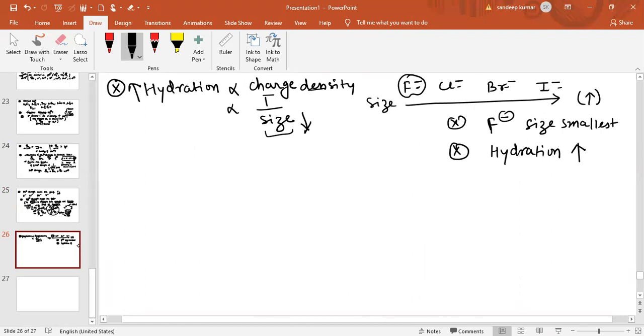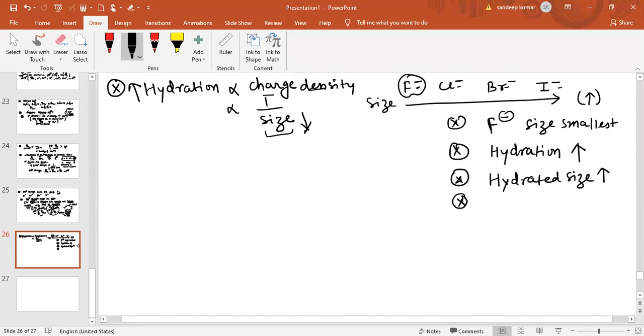Because F minus is smallest, but on hydration size increases. So hydration increases, it means hydrated size will increase. And when hydrated size increases, it is difficult to move for the nucleophile.